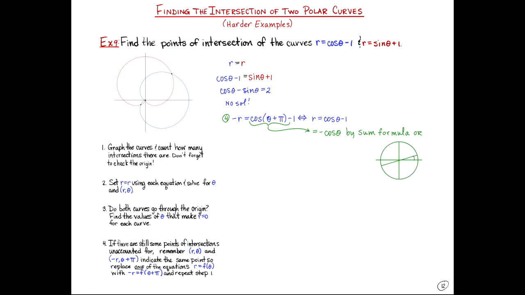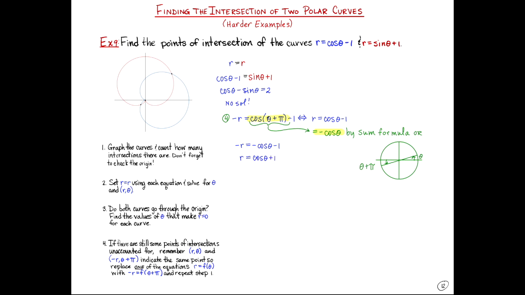In place of cosine (theta plus pi), let's substitute in negative cosine theta. Our equation becomes negative r equal to negative cosine theta minus 1. Multiplying through by negative 1, we have that r is equal to cosine theta plus 1.